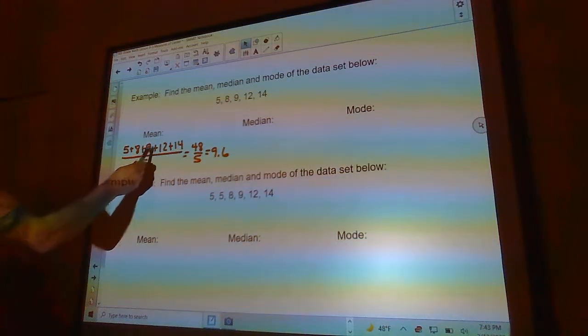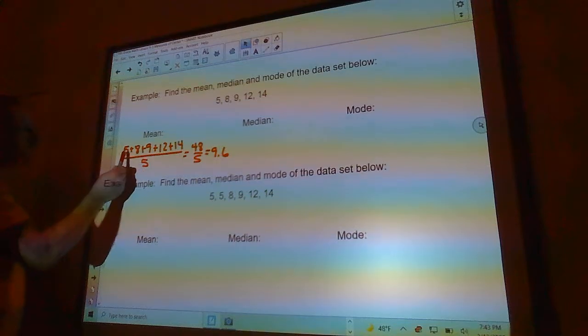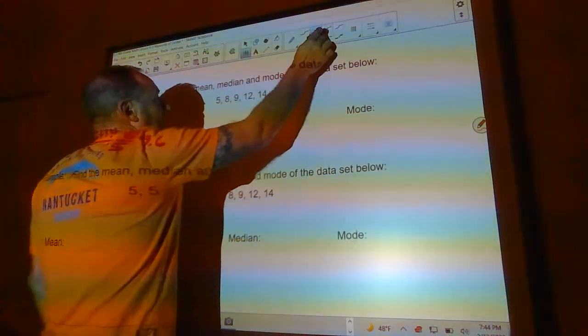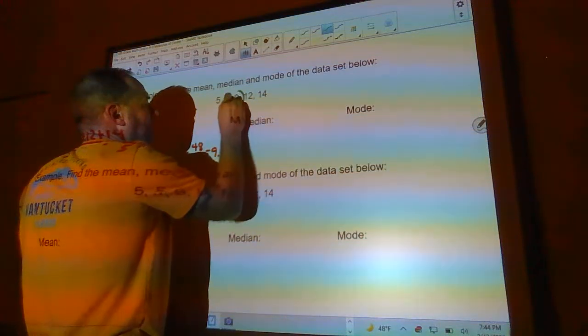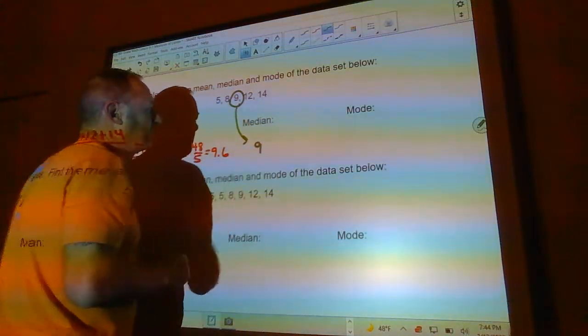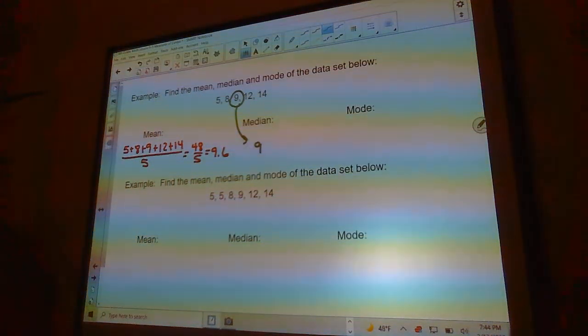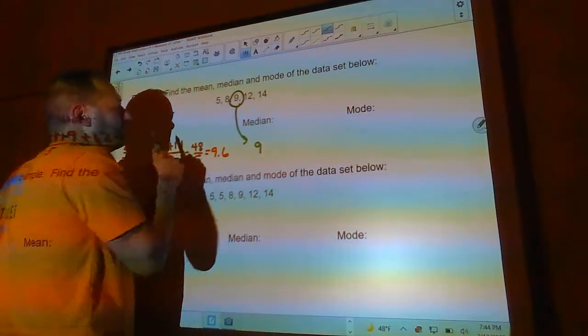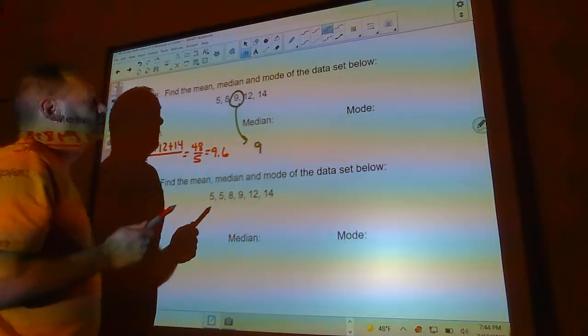Let's double check that. 26, 35, 43, 48. Yes, okay. Now the median is the middle one. I just go up here to my data. There's my median. The median is 9. The mode is the one that occurs the most. Now, you can have up to 2 modes.